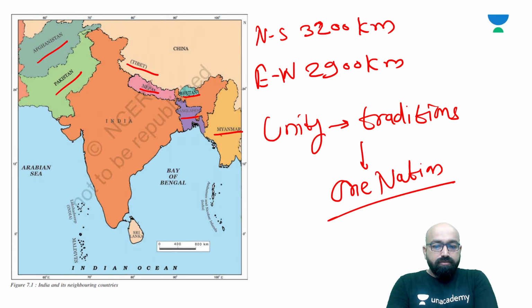Now, friends, Sri Lanka is separated from India by the Palk Strait. Here is the location of the Palk Strait. So our island neighbors are Sri Lanka and Maldives.